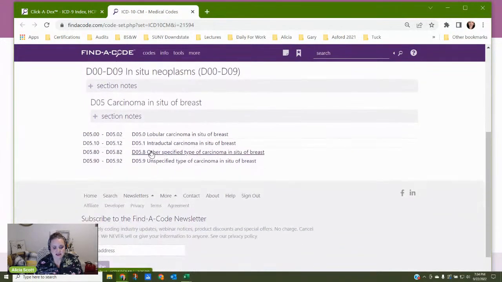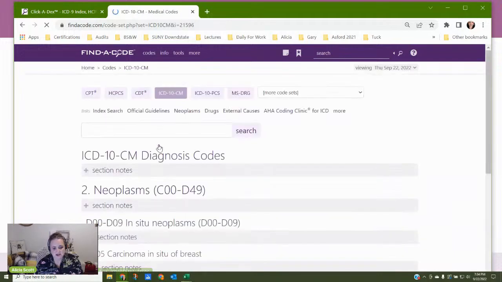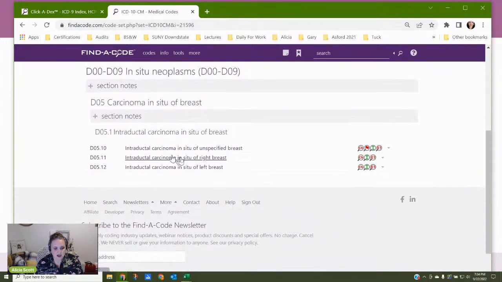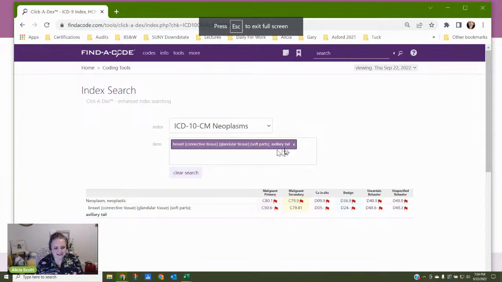It's going to say, is it lobular, intraductal? And then we got to see what breast. Let's say that it's intraductal because that's very common. And now we get unspecified breast, right and left. Very quick, very fast, isn't it?